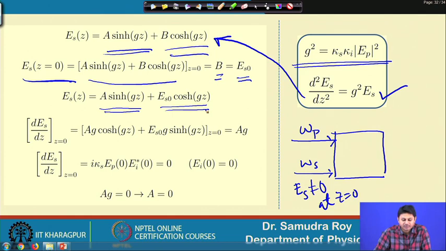Next, a similar process we will use to find the value of A. So, we will take a derivative.